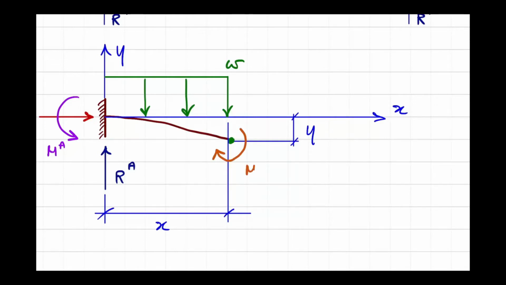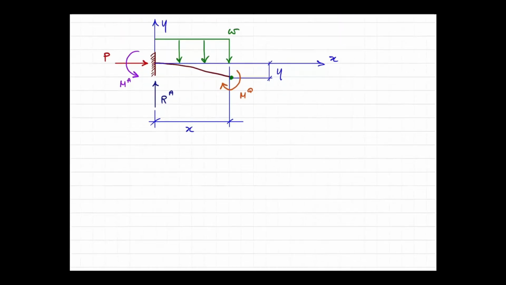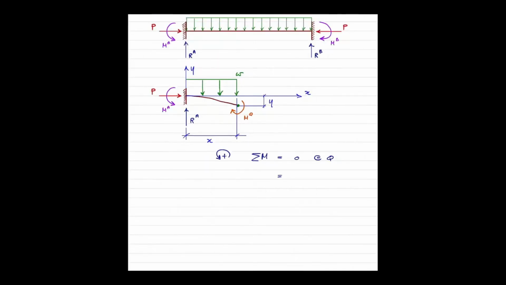if we call it MQ, and we take a moment about the point Q, the summation of moment equals 0 about point Q, and let the positive sense of the moment for this equilibrium be counterclockwise.